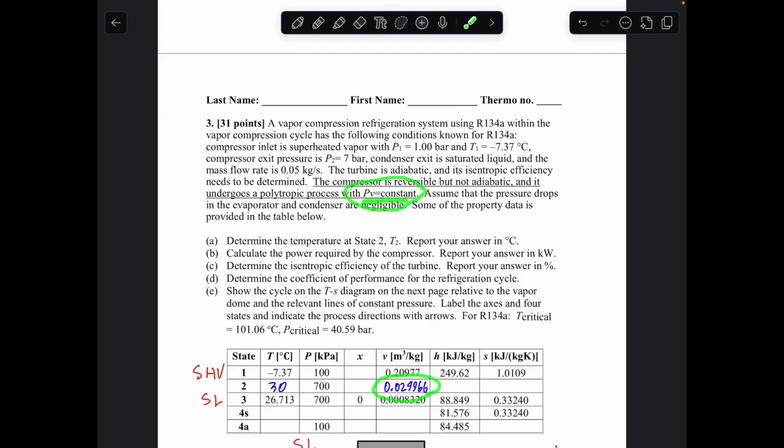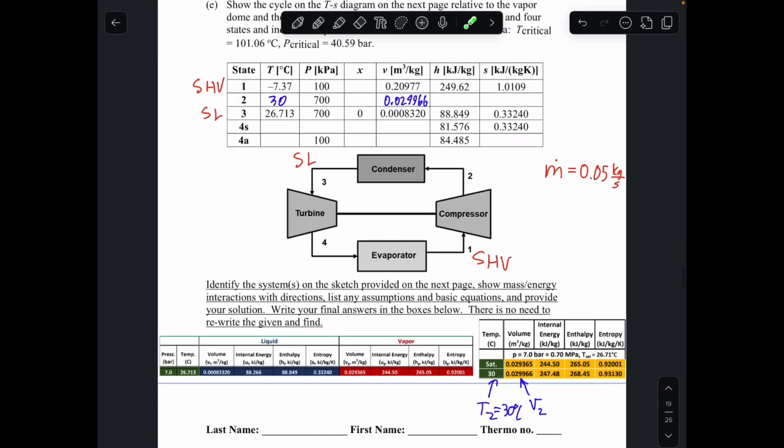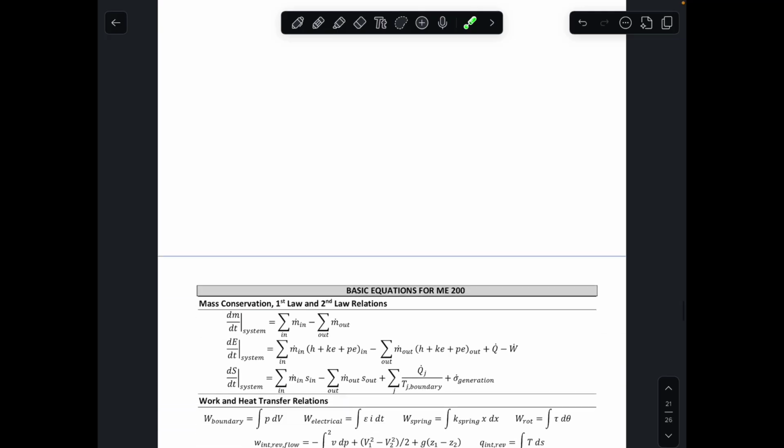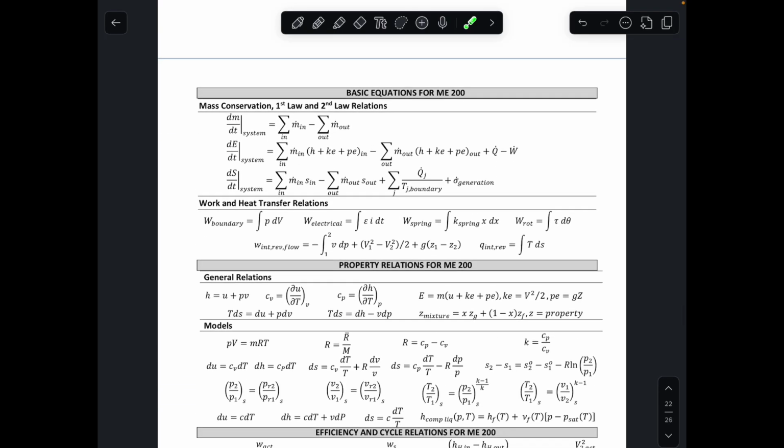So we can use that again with our boundary work equation, which is work equal to the integral of P with respect to volume. Let's scroll down real quick to the equation sheet, just in case you forgot where that equation is, but this is the equation we're going to use. Boundary work equals the integral of P dV.